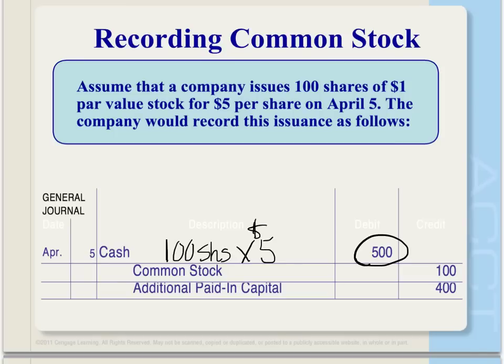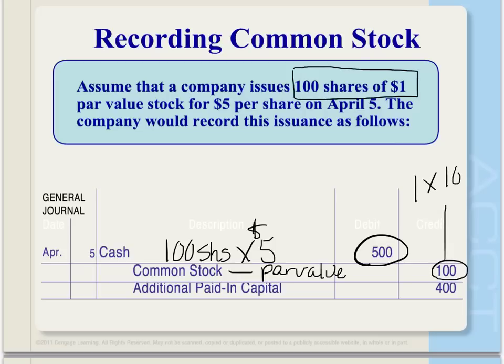So 100 shares times the $5 gives us $500. To record it, we are going to put 100 in common stock. Always and only does the par value go in common stock. In this case, the par value was $1 times 100, which gives us $100.